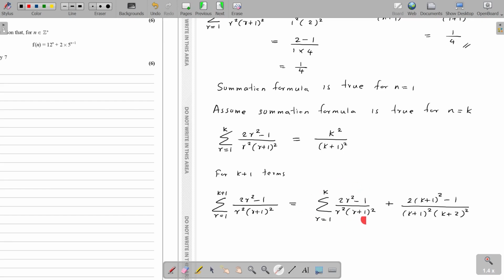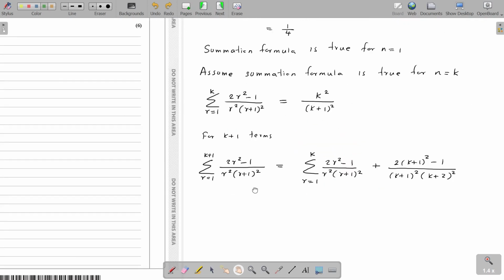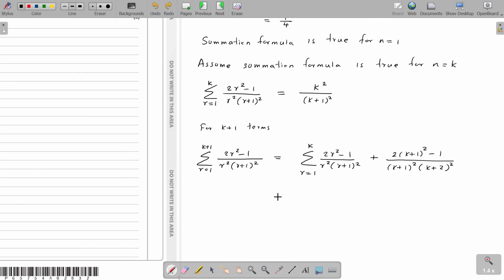Can you see that this part has been assumed in the top part? The summation of this particular expression from 1 to k is k square over k plus 1 square. Here shall we simplify?